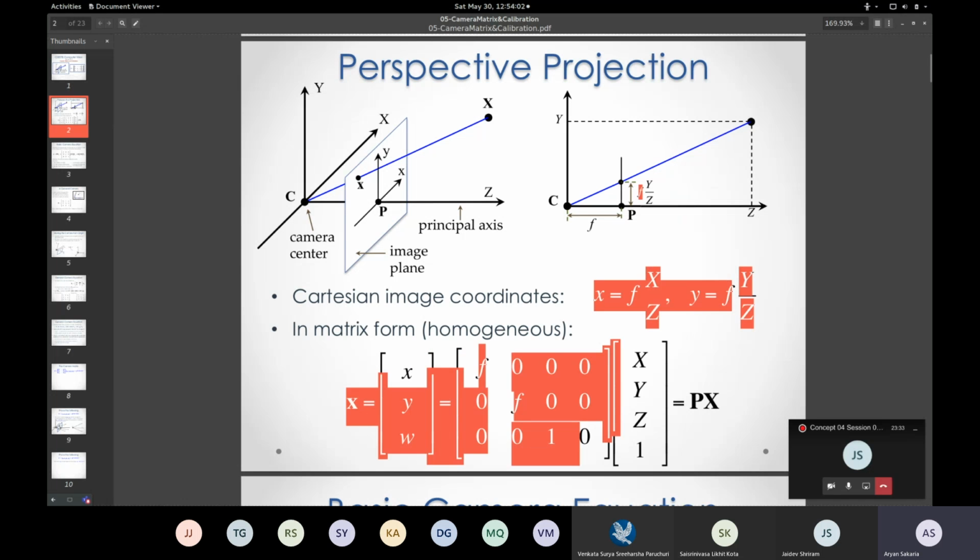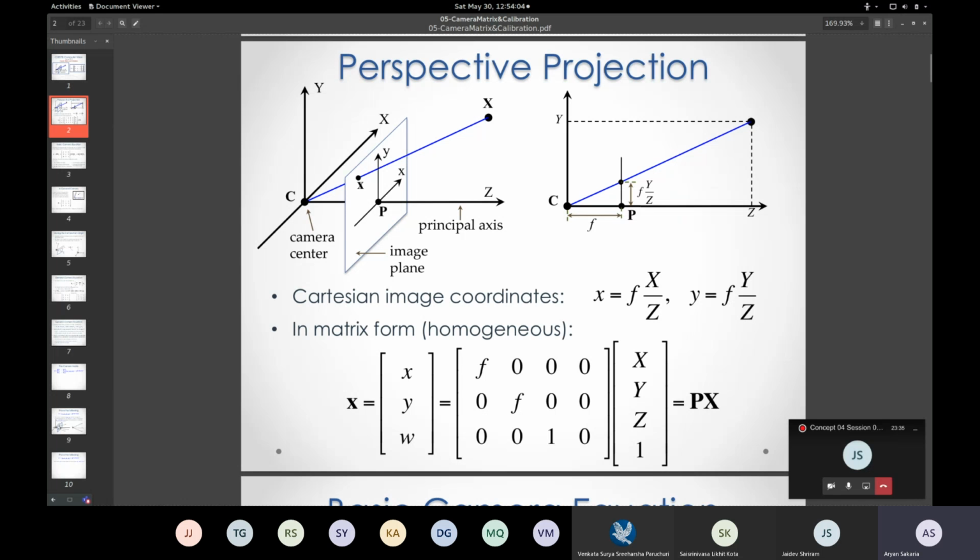So we do a matrix multiplication, and we get this. If you multiply this matrix, you'll get a 3 by 1 matrix, and this capital X is nothing but x by w. And if you write it down, you'll get this equation over here, x equal to f x by z.